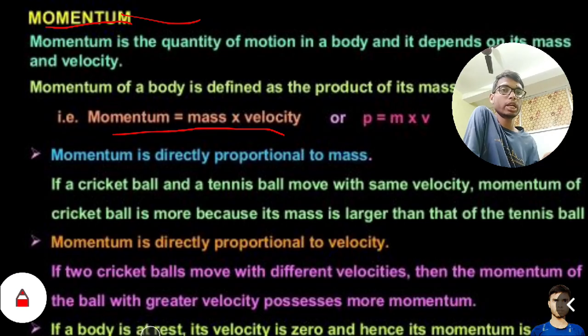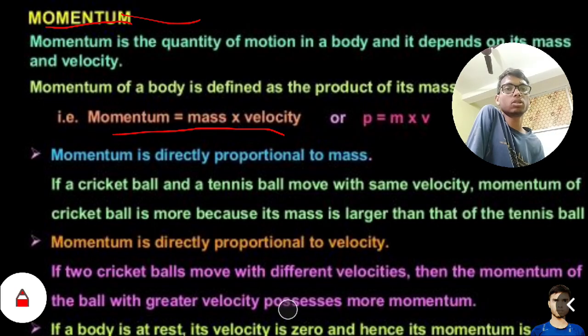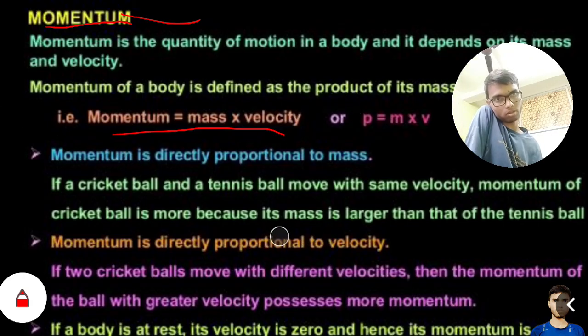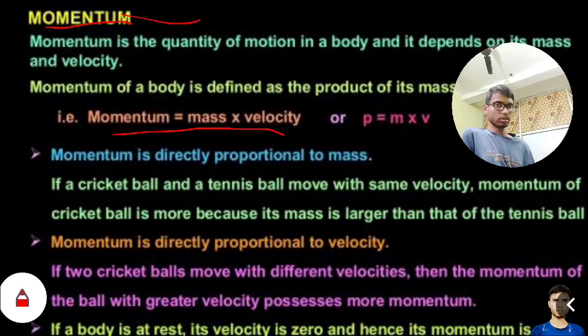If a body is at rest, its velocity is zero, because the body is not moving. Hence its momentum is also zero. Momentum depends on mass and velocity.